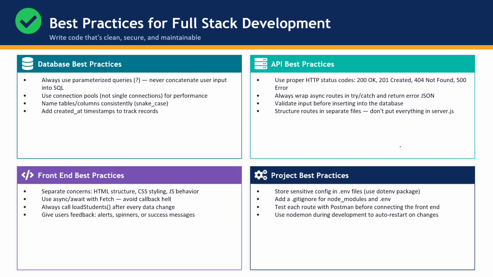Then we also have some best practices for the databases, the API, and the project. For database best practices, always use parameterized queries rather than writing the queries in string format, so that it helps us avoid the SQL injection attacks that could happen when we only use strings.